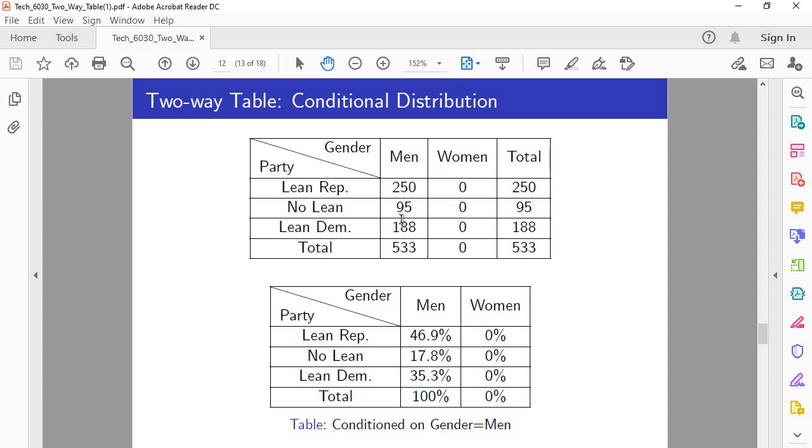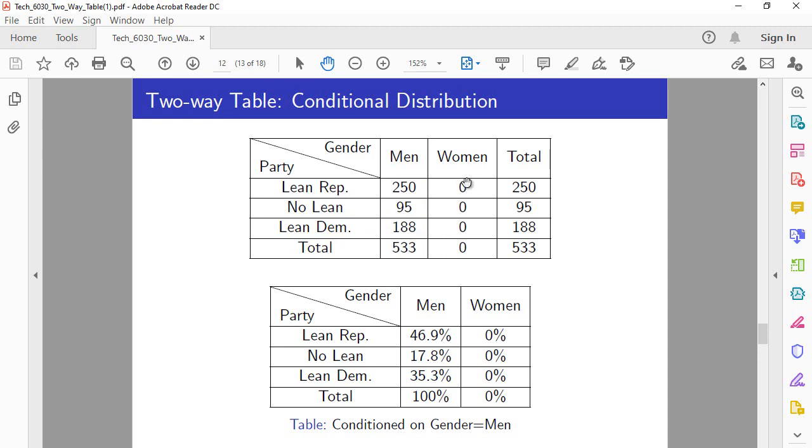What count of men preferred the Democratic Party, and what count of men did not lean toward any of the two parties? So we have a total of 533 men. Among them, 250 of them preferred the Republican Party, 95 had no lean, and 188 leaned toward the Democratic Party.